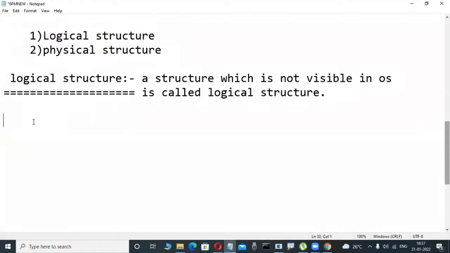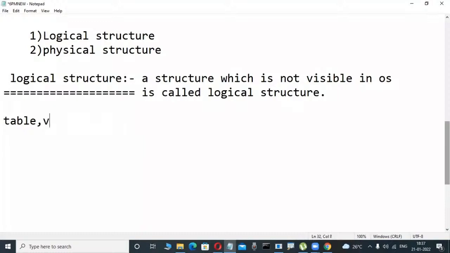But in this logical structure only, developers are working. Suppose I'm a PL/SQL developer, you are a SQL developer, Java developers, .NET developers, Python developers, ETL developers. These all persons are working in the logical structure. That logical structure contains tables, in Oracle, SQL Server, and MySQL also.